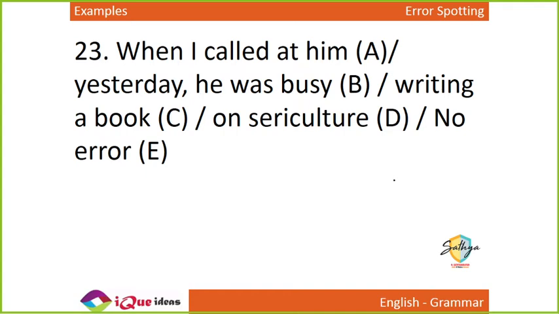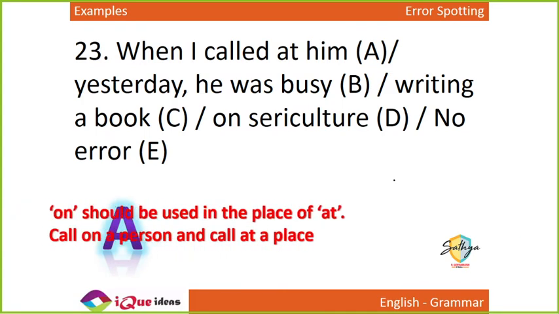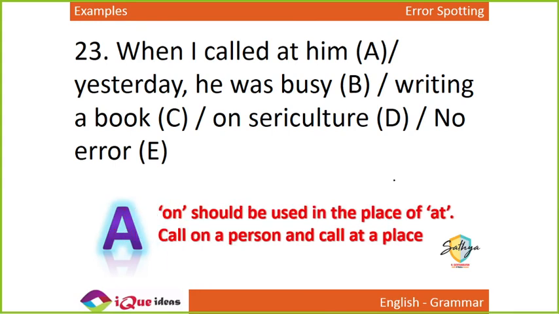Obviously, the error is in part A. That much is correct, right? At is wrong. You guys will say, when I called him yesterday, he was busy writing a book on sericulture. Because for you, calling somebody means calling on the phone. But for the older generation, calling on somebody is going to meet a person. And on the phone, you do not know what the other person is doing, right?